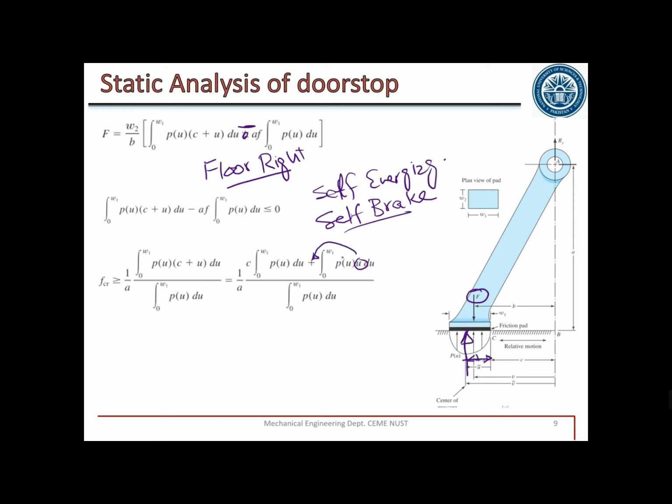So U bar can be calculated. So the whole term will be equal to C plus U bar integral of 0 to W1 PU du divided by integral of 0 to W1 A multiplied by PU du. So we will have the same expression in both places and it will cancel out. So the final value will be C U bar by A.